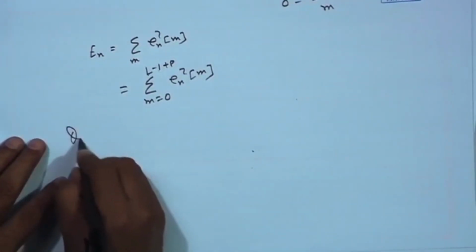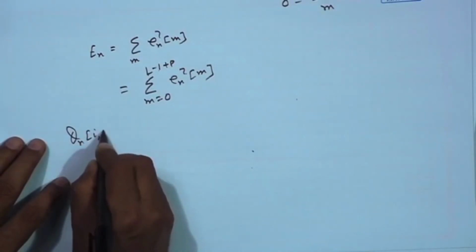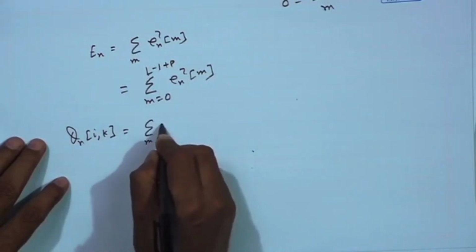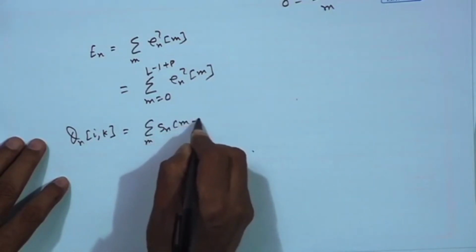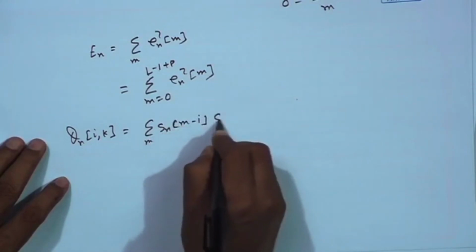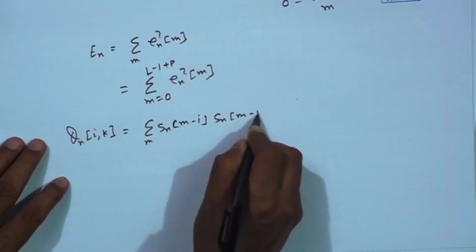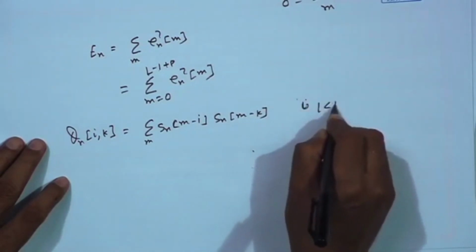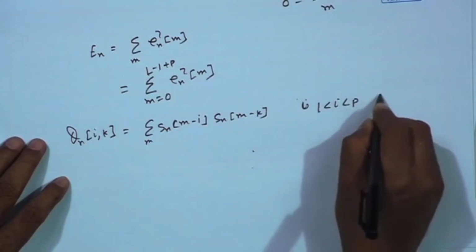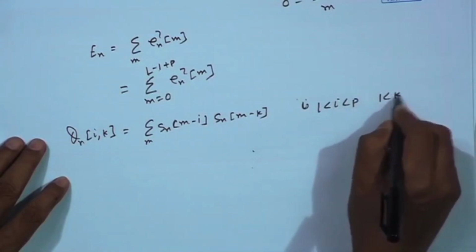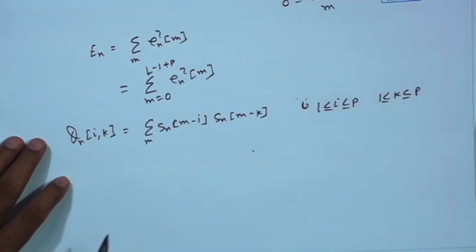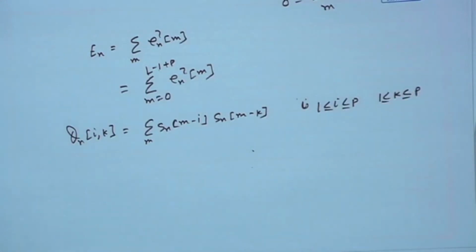Now, I know phi n i k is equal to the sum over m of S n m minus i and S n m minus k, where i varies from 1 to p and k varies from 1 to p. Okay.